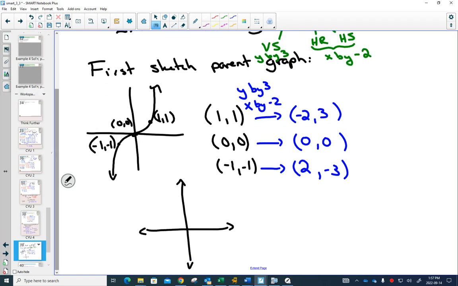I'm going to label (-2, 3), (0, 0), and (2, -3). I'm going to make those blue because I changed to blue. So I labeled the points and I drew my new graph.